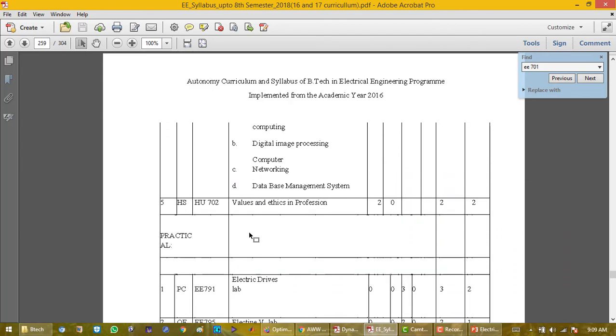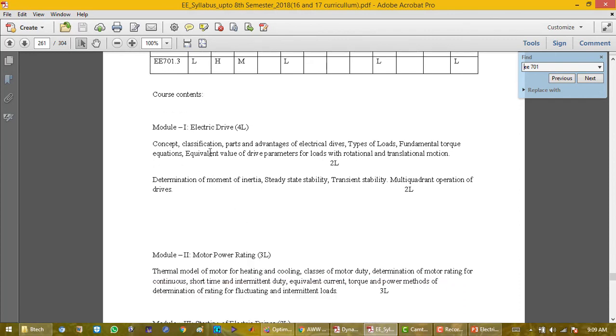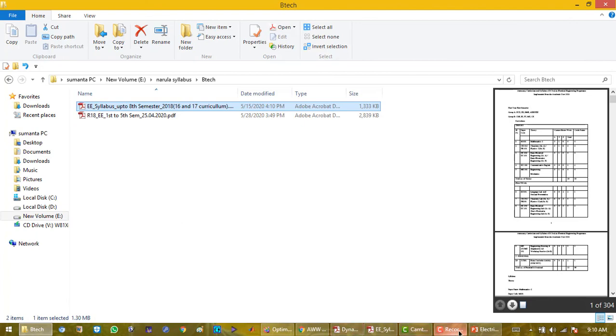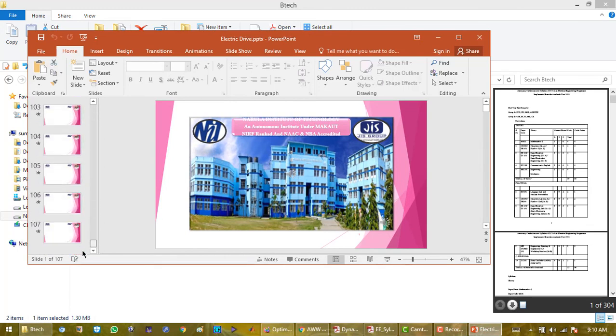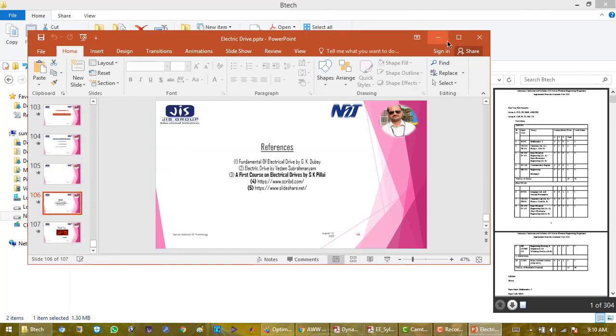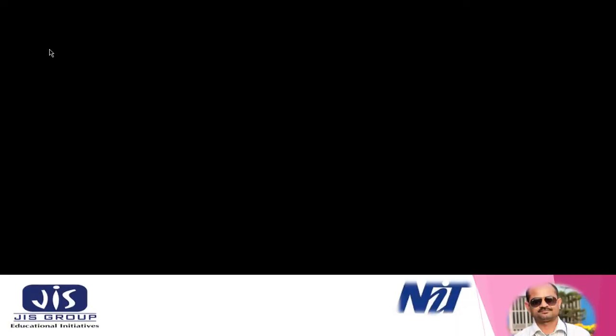Yes, we have done concept, classification, parts and advantages of electric drive, types of load, fundamental torque equation, equivalent values of drive parameters for loads with rotational and translational motion, determination of moment of inertia, steady state stability, transient stability, and 4-quadrant operation. So we have perfectly completed our module 1.